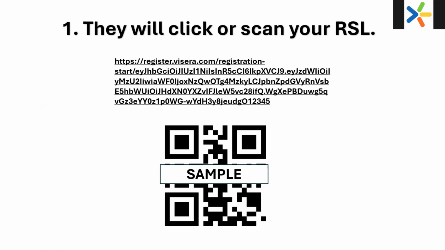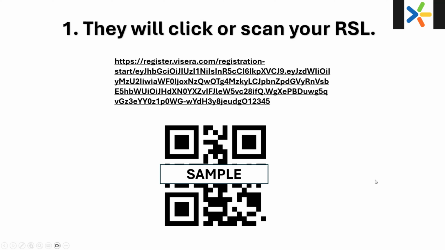So if you're doing a vendor event, for example, instead of displaying your link, you would print the QR code that directs people to your link, so they can then create their profile and run a scan. There's also third-party websites that let you shorten links, because the remote sign-up link by default is kind of long. So you can share it as is. You can also shorten it or convert it to a QR code. It is up to you.